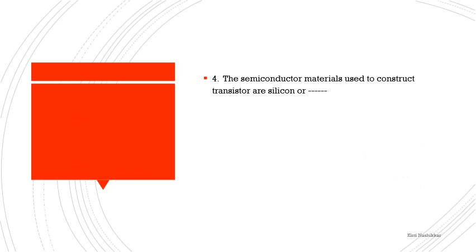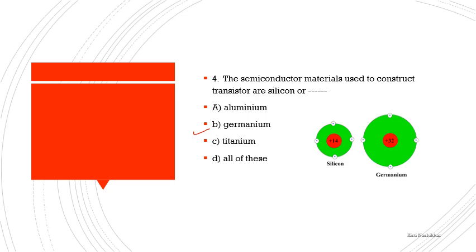The semiconductor materials used to construct transistors are silicon or dash. We know that mostly we use silicon or germanium, because these are the materials which have 4 electrons in their last shells. So see, this is the structure of silicon and germanium.